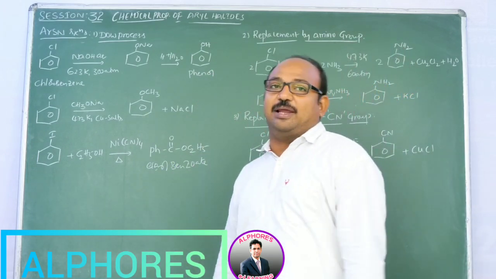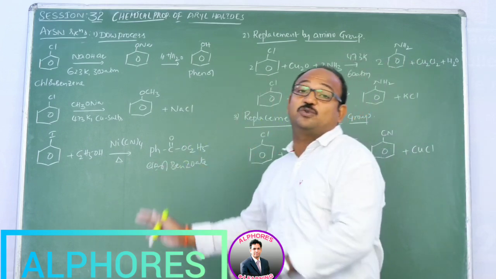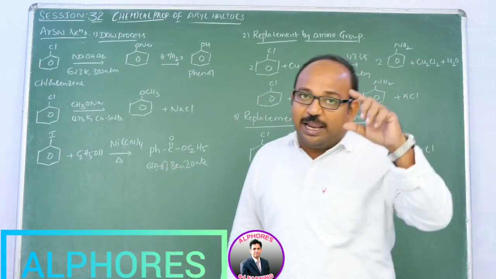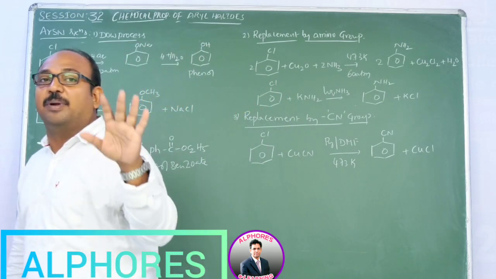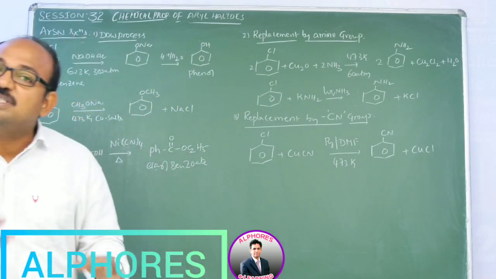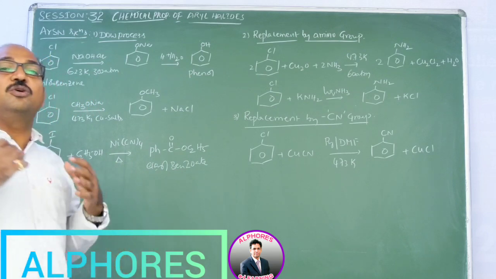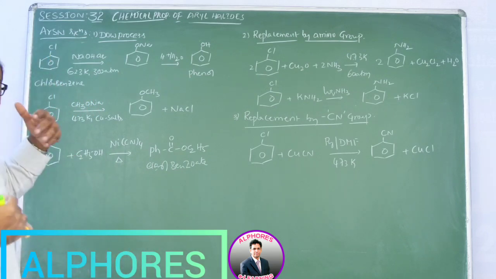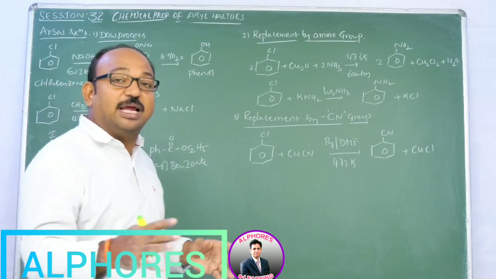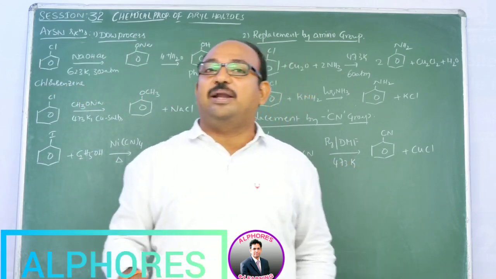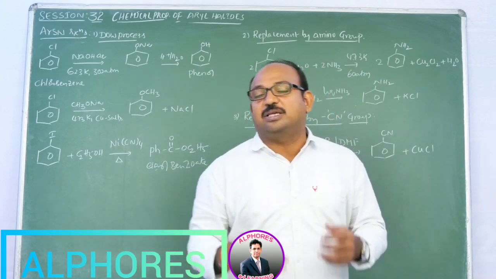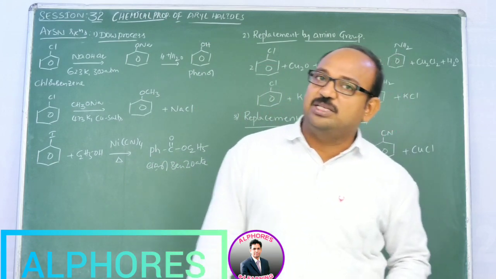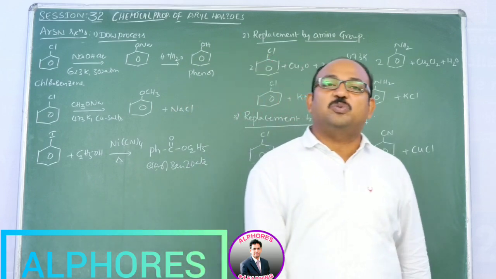But in case of aryl halides, in the beginning of chemical properties we learned clearly that the halogen-attached carbon maintains double bond character. Because of that, the C-Cl bond is not going to be displaced, since high bond energy is required for breaking it. And moreover, vinyl and phenyl carbocations are highly unstable. SN1 is not possible, SN2 is not possible.